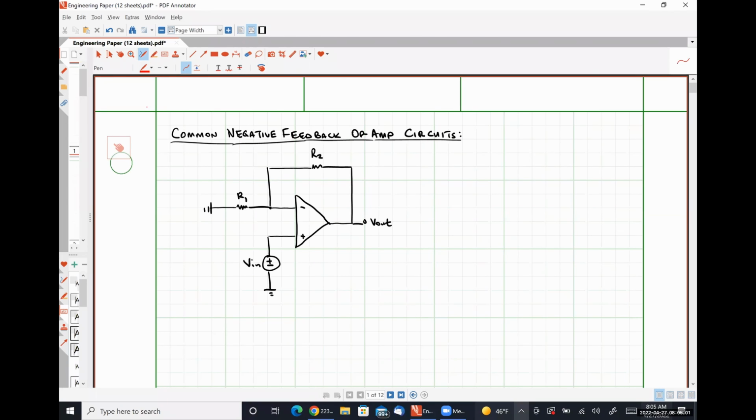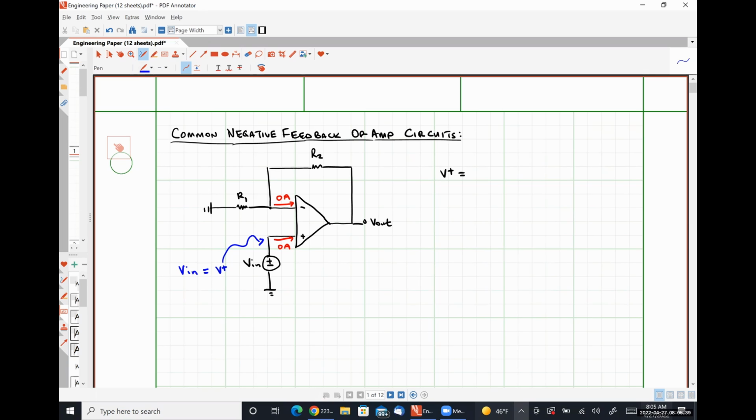So step one was to apply OpAmp rule number one: no current can flow into or out of our input terminals, and determine what the voltage present at the non-inverting input node with respect to ground is, which is what I'm labeling this voltage V+. So what is V+ in this case? Vn, absolutely right.